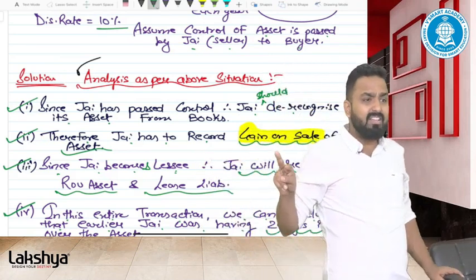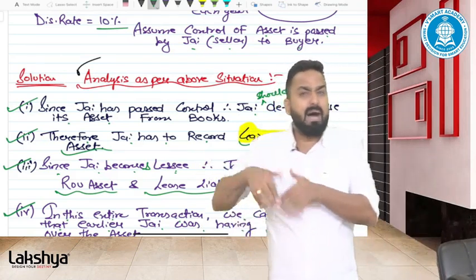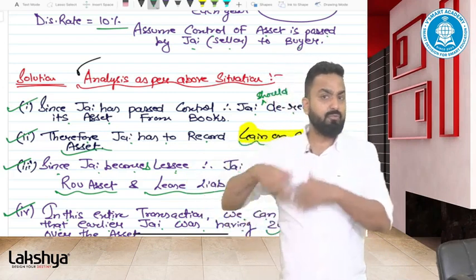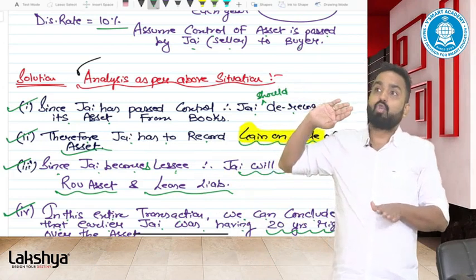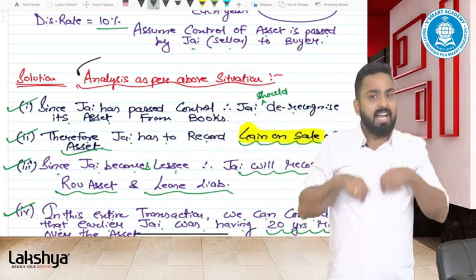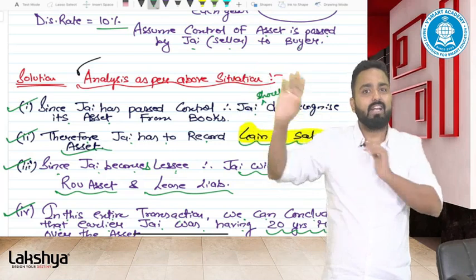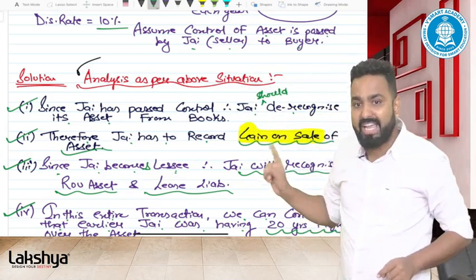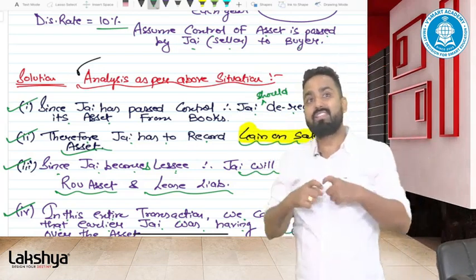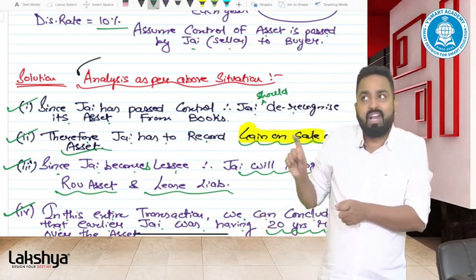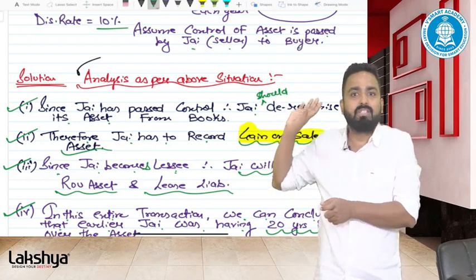But can I say that it is a partial sale? Because out of 20 years, I retained 6 years with me and I sold 14 years right. Can I say I sold 14 years right? And out of total gain, I should recognize only that much portion of gain which relates to the transferred portion, that means 14 years.